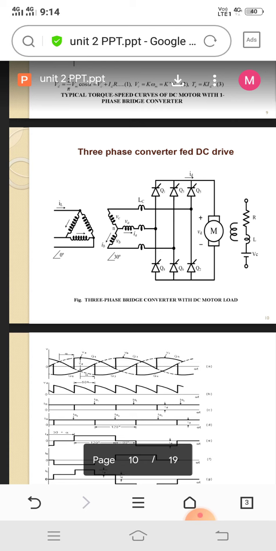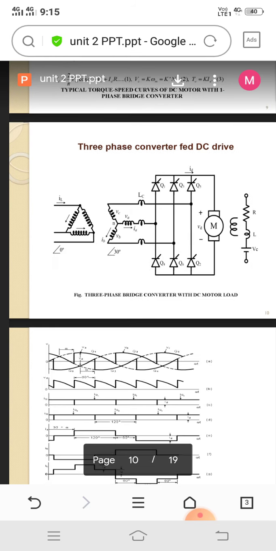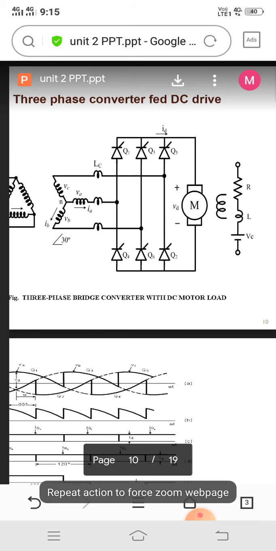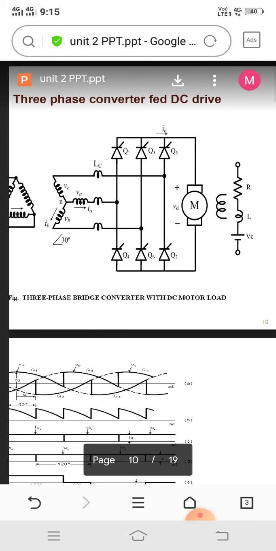For example, the first switching sequence is 1, 2, 3.